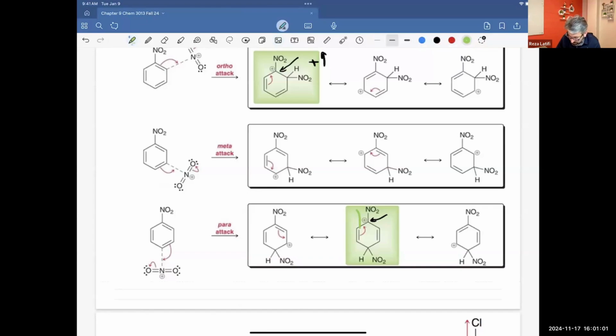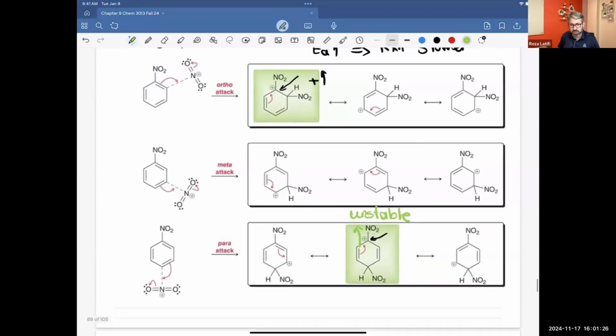So it's pulling electron density up. And we already have a positive charge there, and there is a group there that is trying to pull more electron density. That's going to exaggerate the positive charge on the ring, and it will make the intermediate unstable. And because it's unstable, again, the activation energy is going to go up.